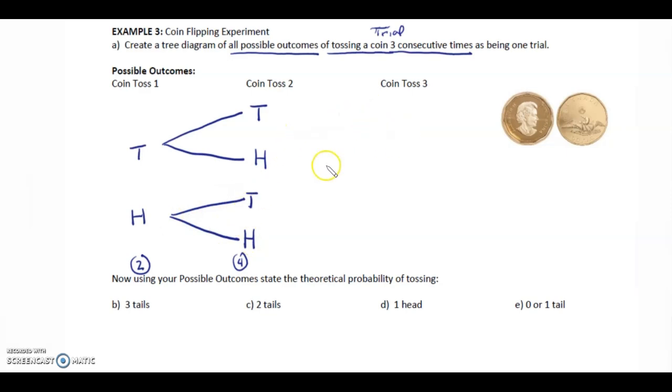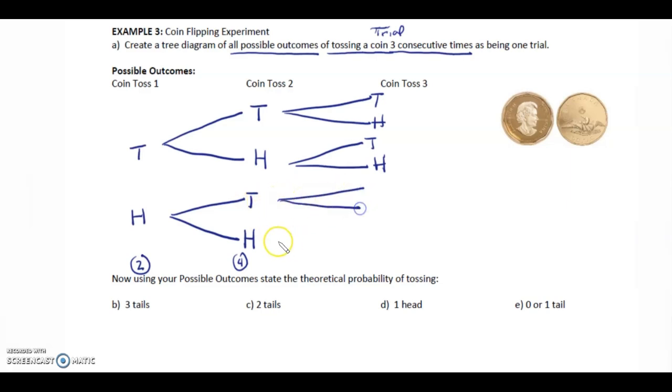Now, if you toss that coin the 3rd time, if you get tail, tail, you can now get tail, tail, tail, or tail, tail, head. If you got tail, head, you can now get tail, head, tail, or tail, head, head. Okay, so each of these outcomes is branching off to another head or tail.